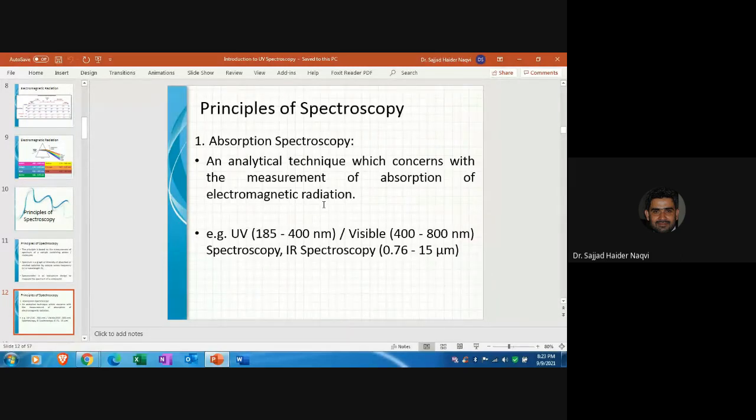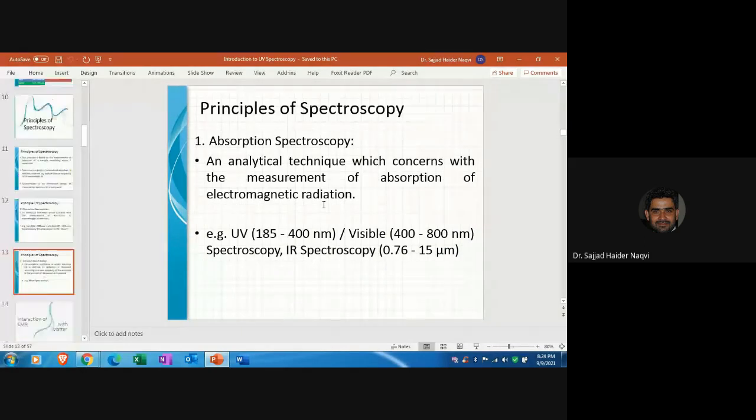For example, we may use an ultraviolet source of radiation in the range of 185 to 400 nanometers, or visible spectroscopy with radiation in the range of 400 to 800 nanometers, or IR spectroscopy with a radiation source between 0.76 and 15 micrometers. That choice depends on what kind of sample we have, and depending upon that, we choose either UV, visible or IR spectroscopy.